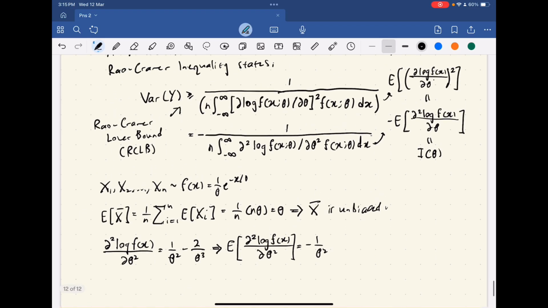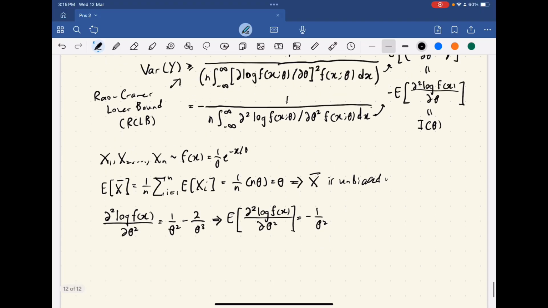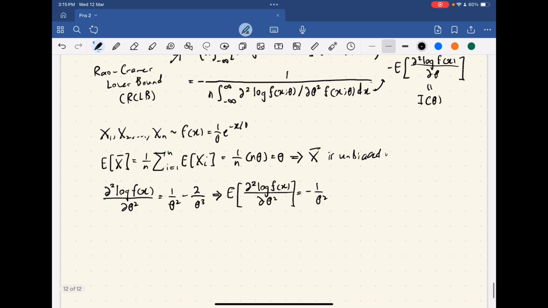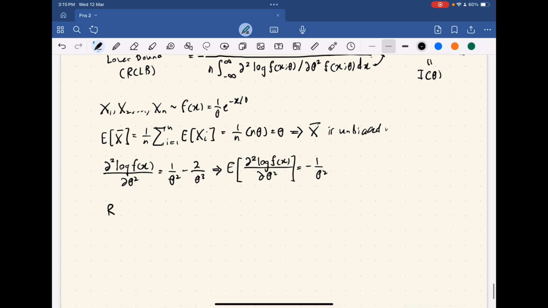Now the Rao-Cramer lower bound is just this. Variance of x bar is greater than or equal to 1 over n times negative 1 over negative 1 over theta squared, so it's just theta squared over n.